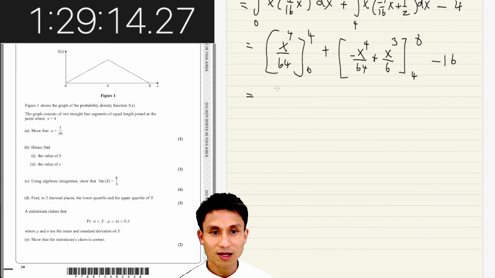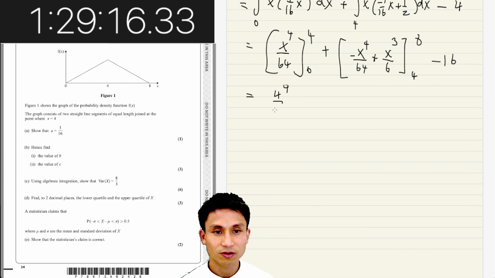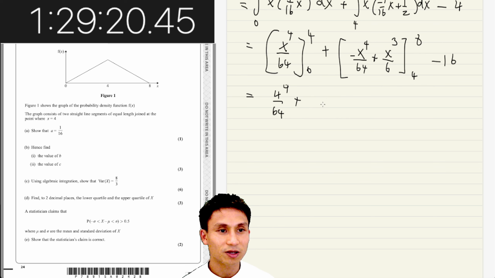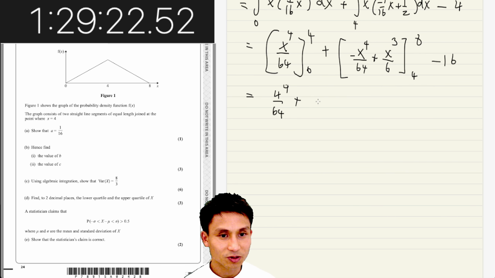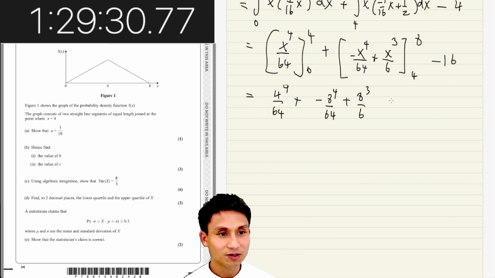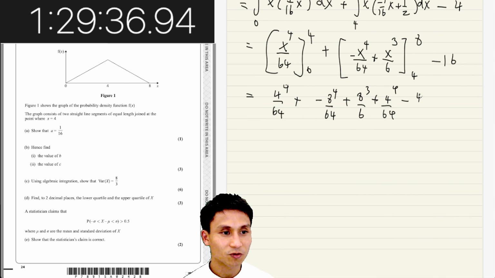So this will be 4 to the 4 over 64, the 0 goes away. I'm doing minus 8 to the 4 over 64 plus 8 cubed over 6. Minus minus becomes a plus. And then minus 4 cubed over 6, minus 16.